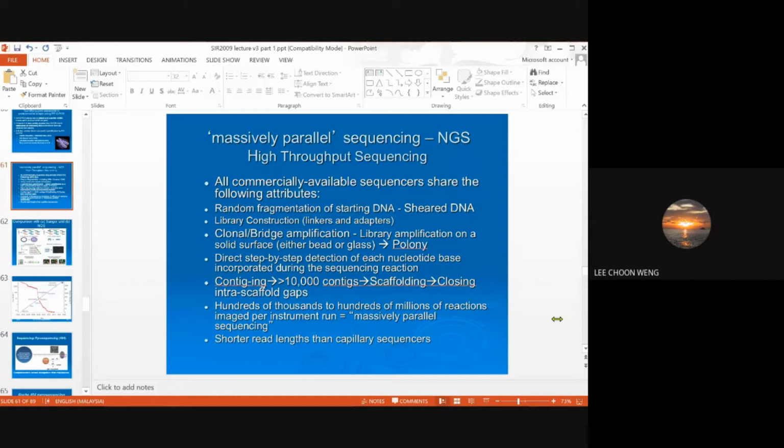That also is one of the reasons why every biologist should know how to handle sequencing data, NGS data. Not just the bioinformatician, but everyone should learn how to use specific software to handle NGS data.